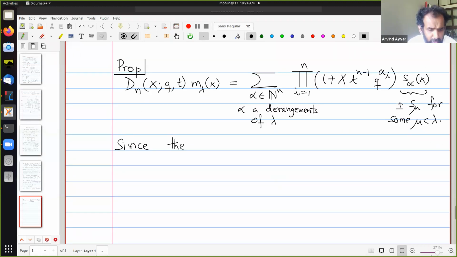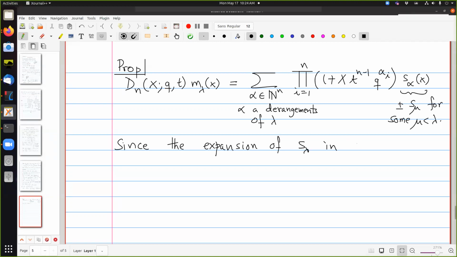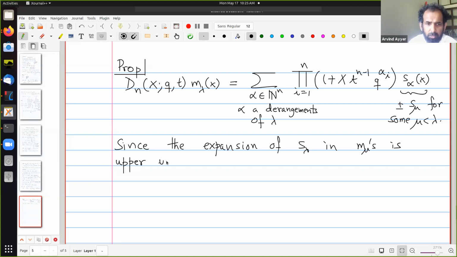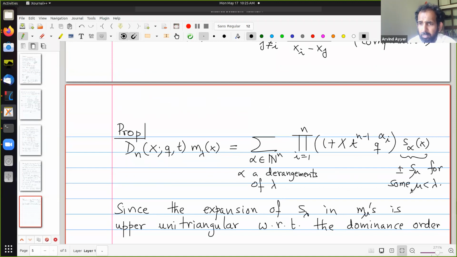Since the expansion of s_lambda in m_mu is upper unitriangular with respect to the dominance order, so with respect to any basis compatible with the dominance order, when I expand the right-hand side, this already contains Schur functions which are less than lambda in dominance order.